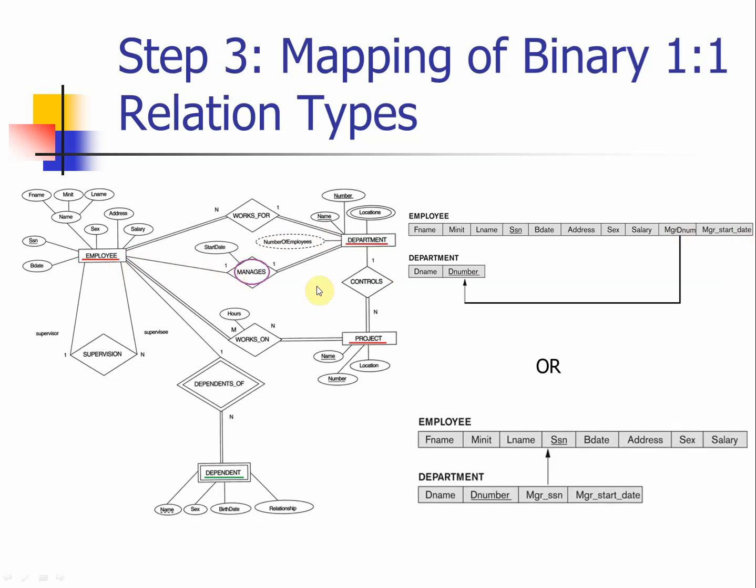The other choice is that we take this relationship and make it a foreign key on the double-line side, the total participation side. You can see that we take the manager, come in here, take the primary key over here and name it manager SSN, indicating who is the manager of that department, and form a foreign key going back to the primary key of the other side.